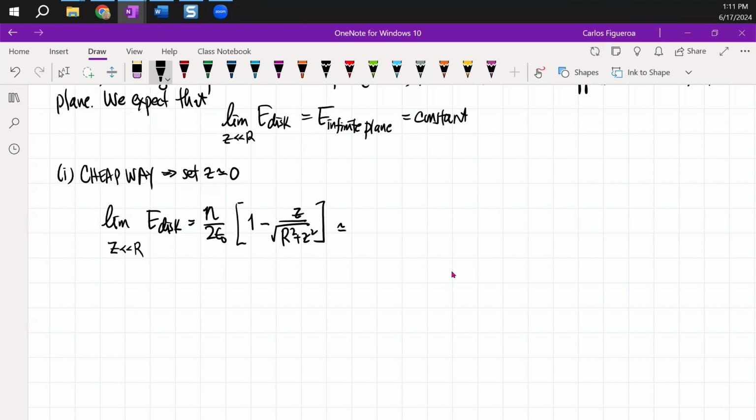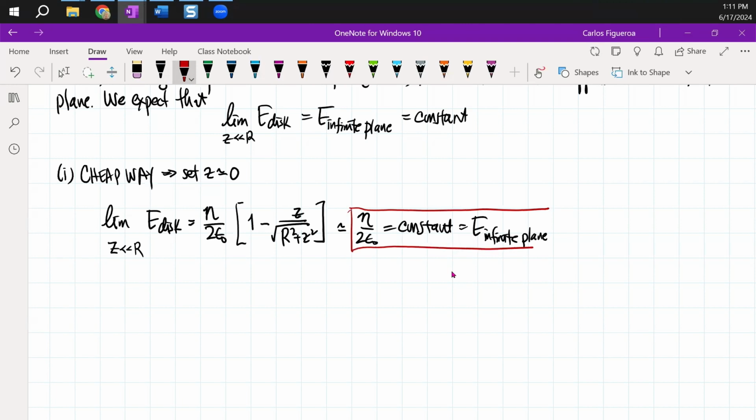So if z is equal to 0, then I'm going to get 0 over R. I'm going to get a value that reads eta divided by 2 epsilon. And look at that. That's a constant. And that is an important result. Infinite plane. And this is what we came to look for right here. Now I can do that with the binomial expansion and I'll get the exact same thing.